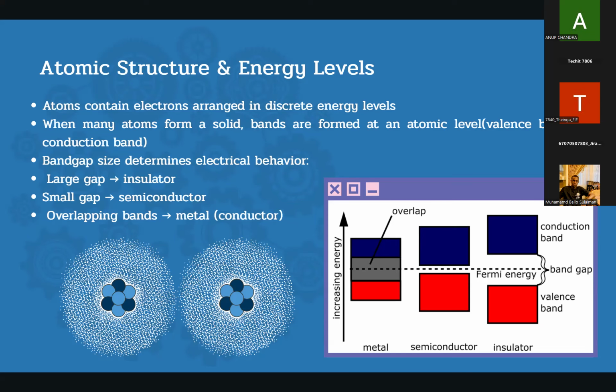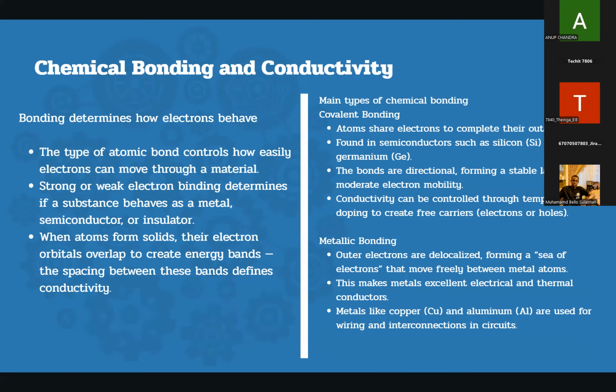For example, n equals 1 can hold 2 electrons, n equals 2 can hold 8 electrons. Each principal energy level contains sublevels s, p, d, f that further define the arrangement of electrons. And for the next slide, I would like Jirayu to explain it.